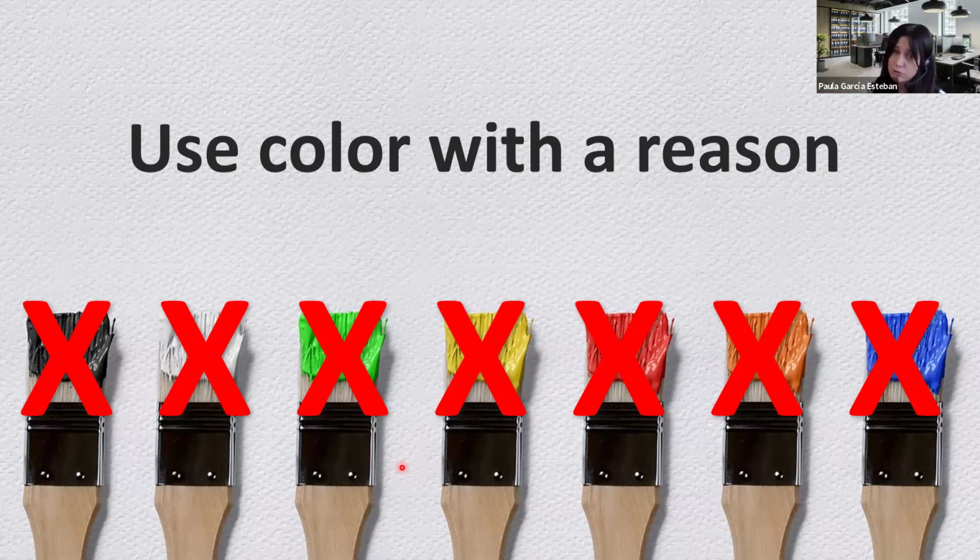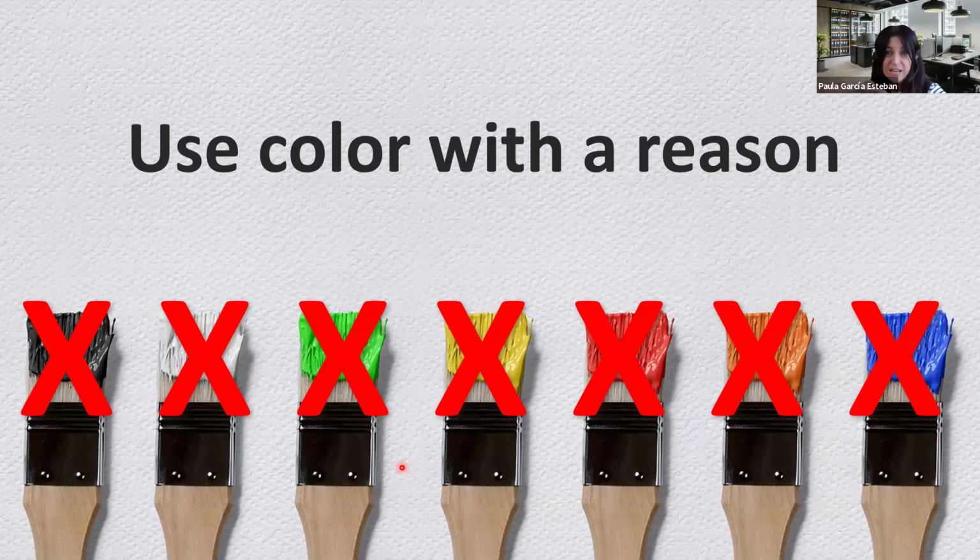And if you use color, take care about readability. We need to make accessible dashboards, and that means that we are developing dashboards for everyone, and everyone should be able to read, and everyone needs enough contrast between the background and the letter and the number.